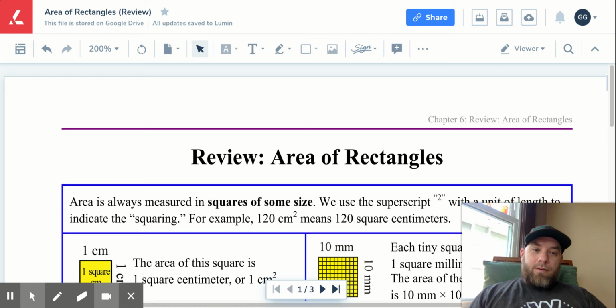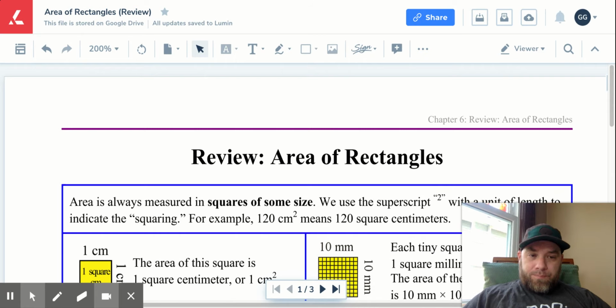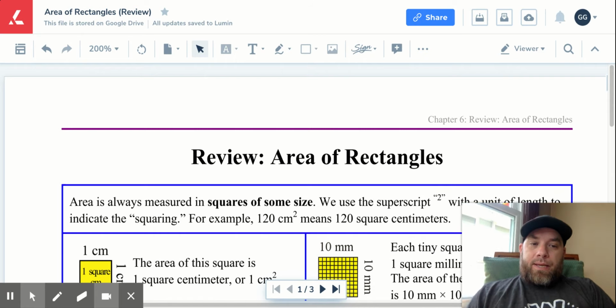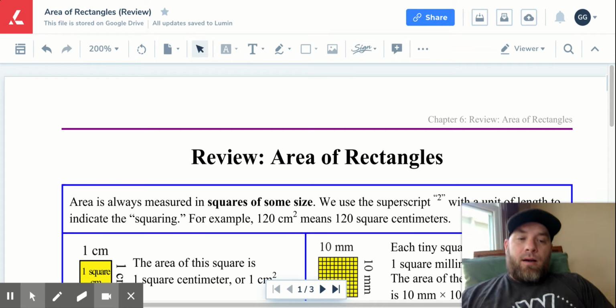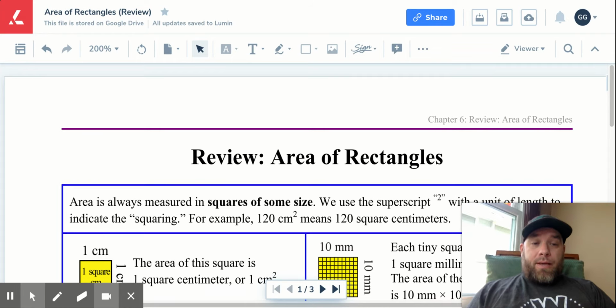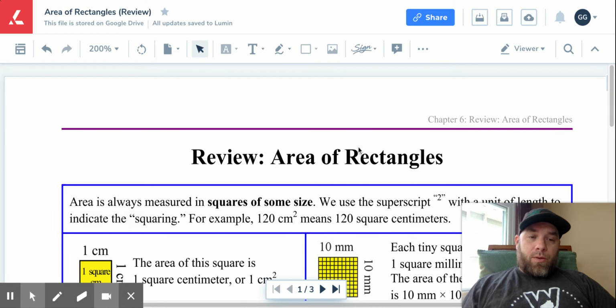Hey guys, so I'm gonna try something new, a new website, or new app, I should say, to record a math lesson. We're gonna do some practice today, reviewing area of rectangles. So I'm gonna go through the worksheets.